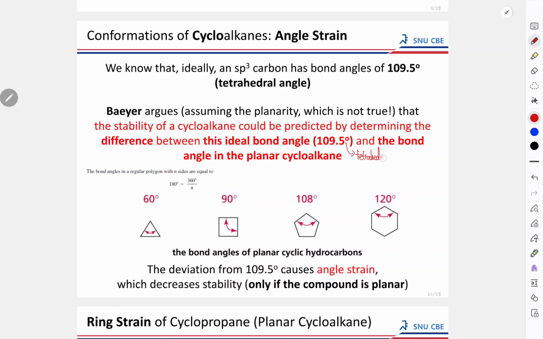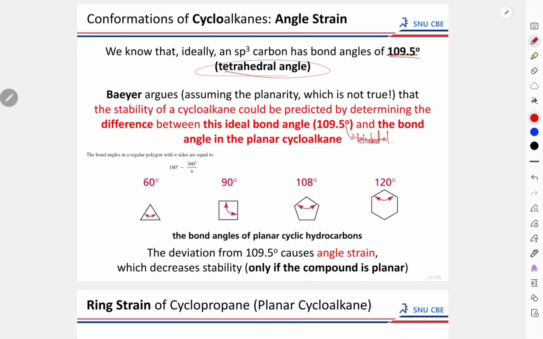And Baeyer argued that the stability of the cycloalkane can be predicted by the difference between this ideal bond angle, the tetrahedral angle, 109.5 degrees, and the bond angle in the planar cycloalkane. So delta, the difference between these two, will dictate the stability of the cycloalkane.